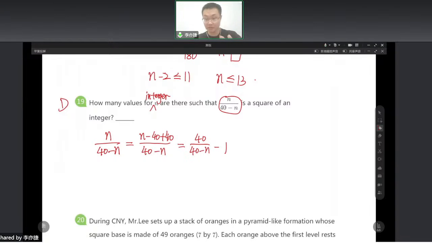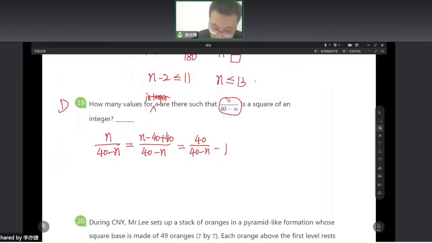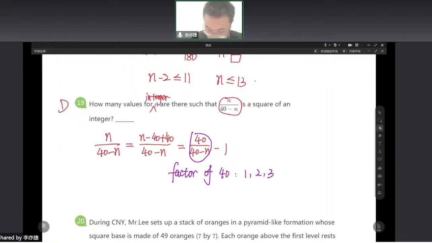So now we would see this part is a factor of 40. It can be 1, 2, 4, 5, 8, 10, 20, 40. So the factor of 40 minus 1 is a square number.